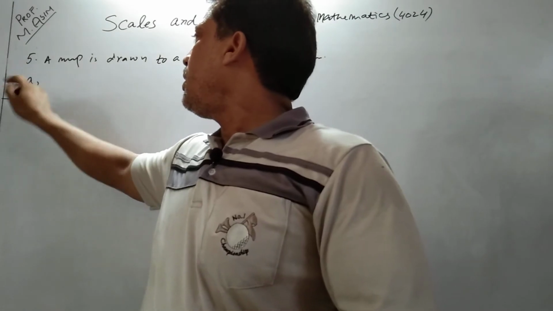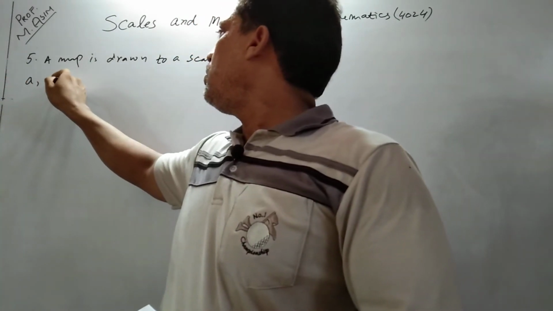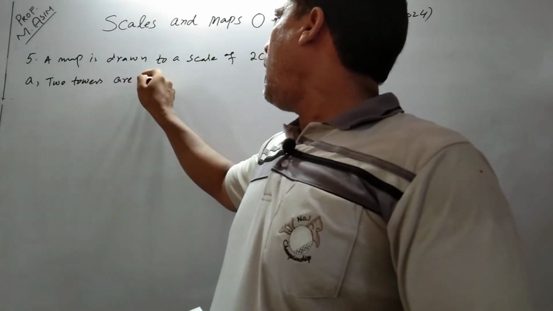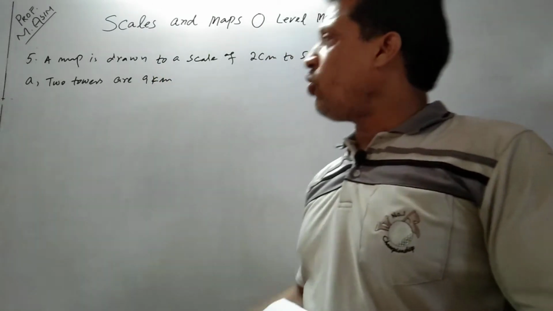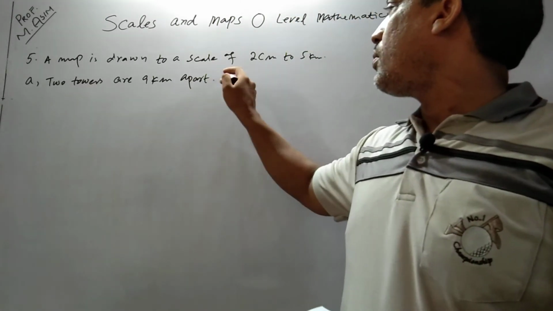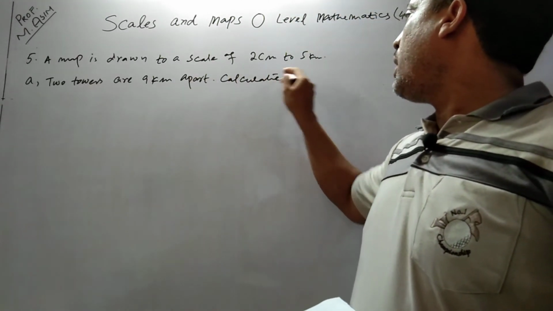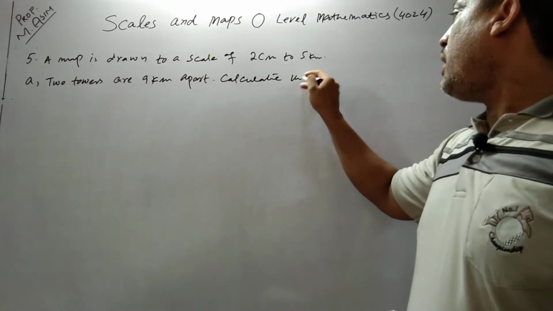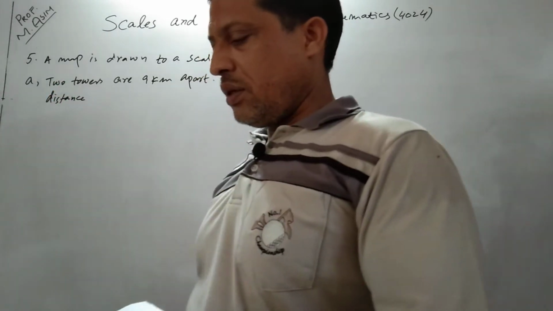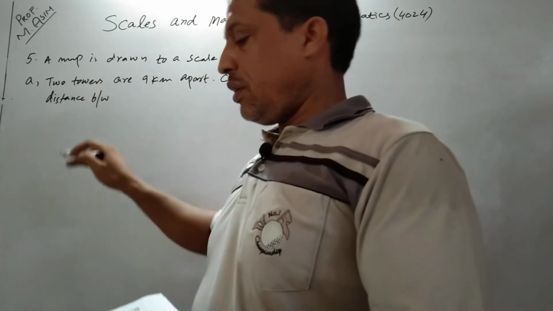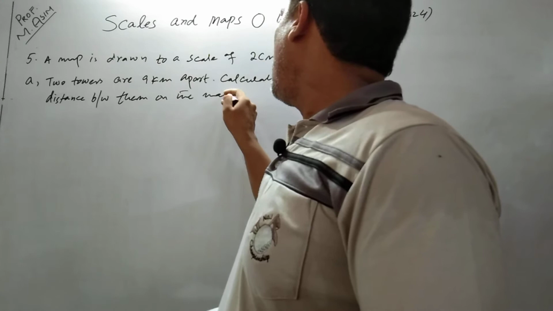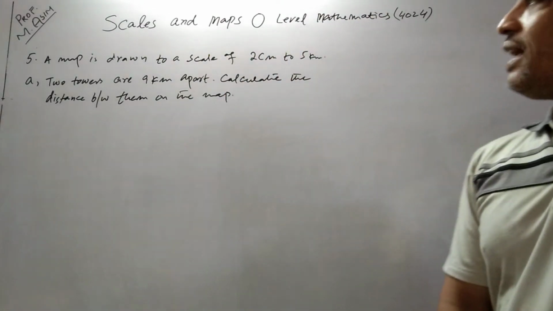Part A. 2 towers are 9 kilometer apart. Calculate the distance between them on the map. Very easy.